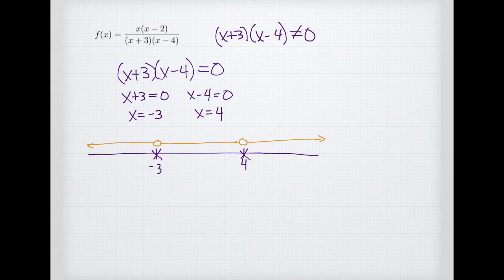And I write that the domain of my function is equal to the union of the intervals that we've identified. So I have the interval negative infinity to negative 3, union the interval negative 3 to 4, union our final interval 4 to infinity, and I'm not including any of the endpoints. Those happen to be the points that would cause me to be dividing by 0.